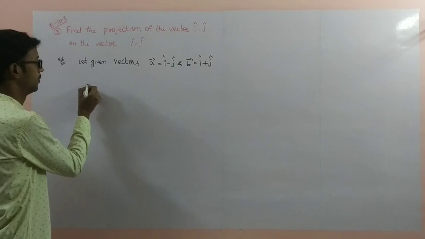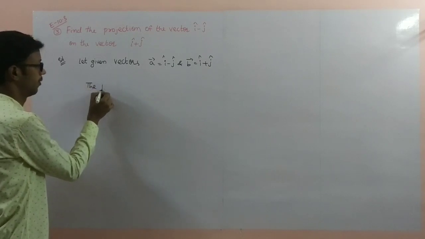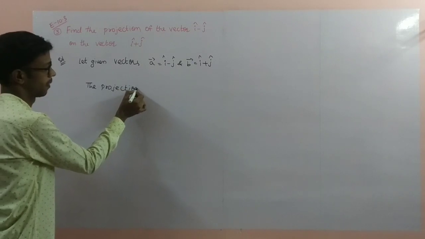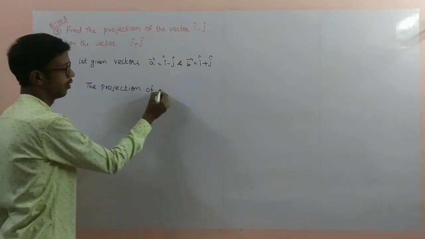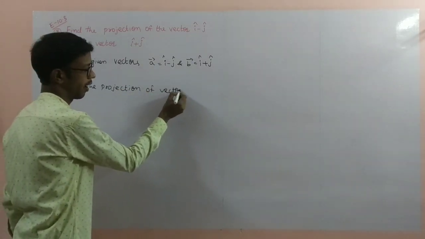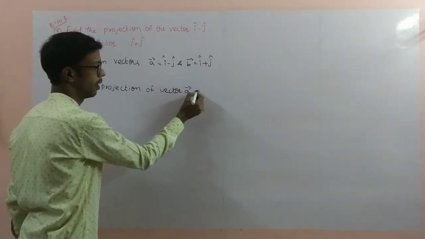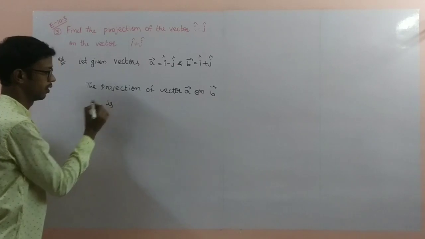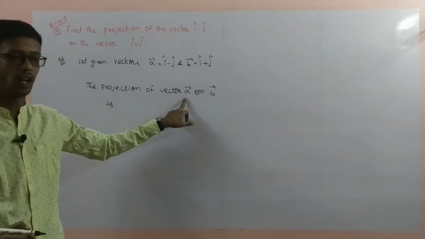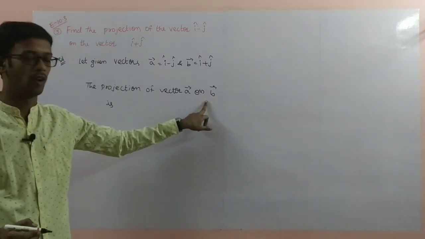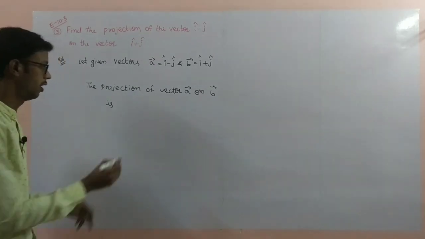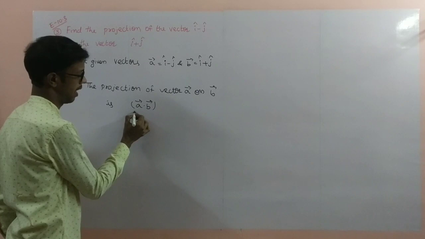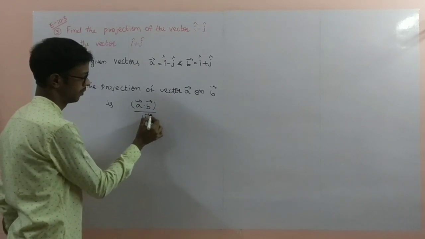Now the projection of vector A bar on B bar is A bar dot B bar by magnitude of B bar.